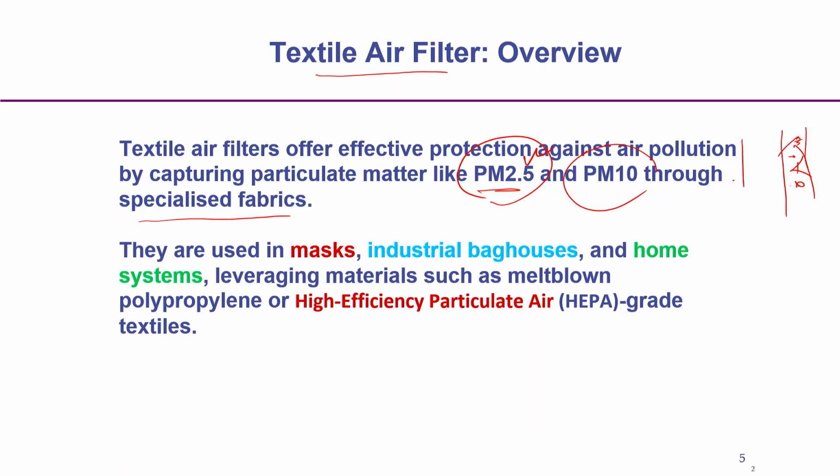This type of textile air filter is used in wide areas. As a mask we use it to capture fine particles, even bacteria, viruses, ultra fine particles at the nano level. Then there are industrial bag houses, which handle a combination of very coarse to fine particles, and in home applications, the home air purifier.